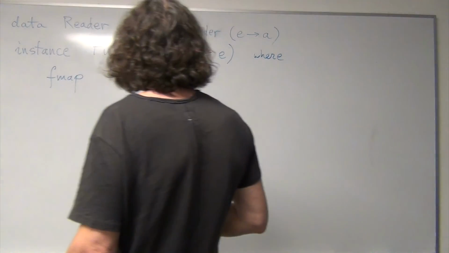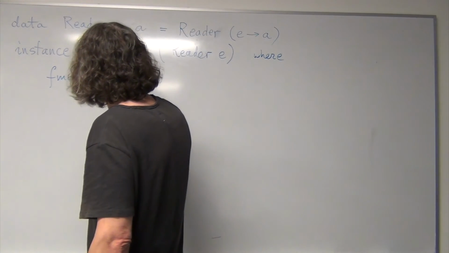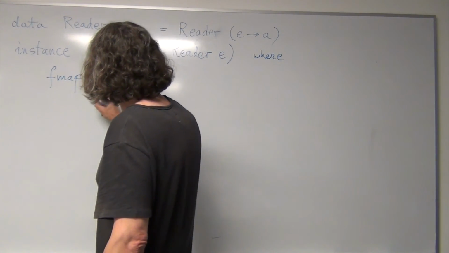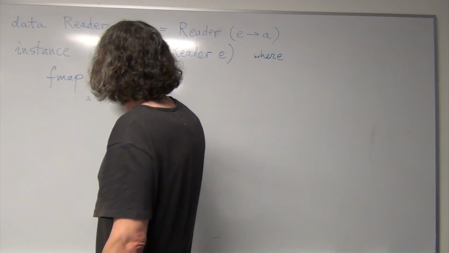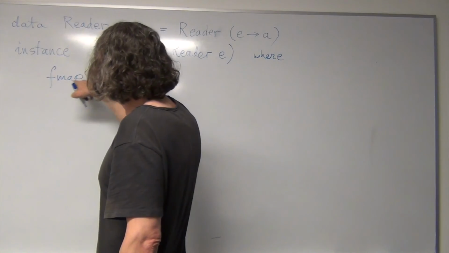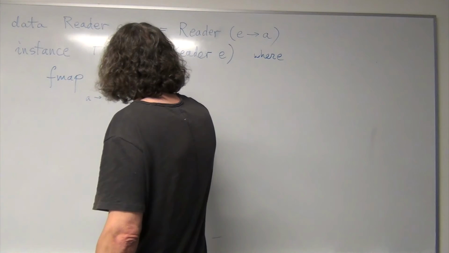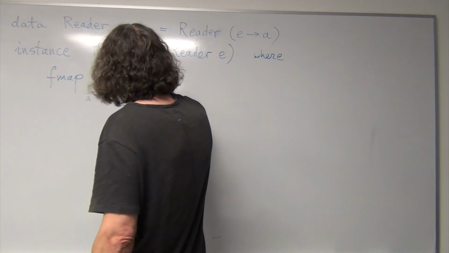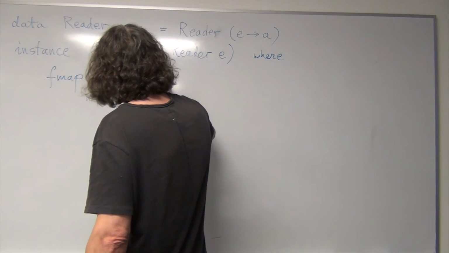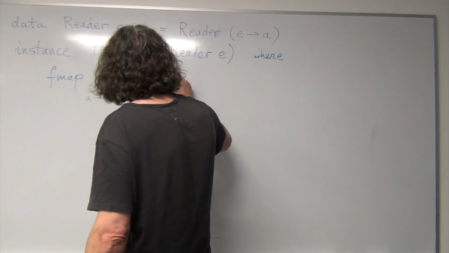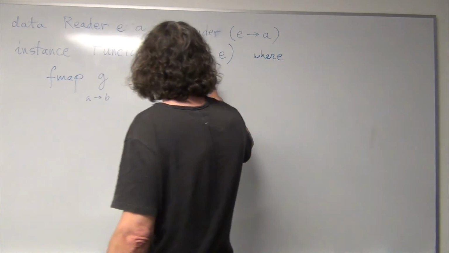So since we have functions and functors that use the same letters, let's say fmap of g. Okay, so this is the function, and I'll write here, this is a function from A to B. Right? The first argument to fmap is a function from A to B. And it takes as the first argument a reader, and it should be reader of E A, right?